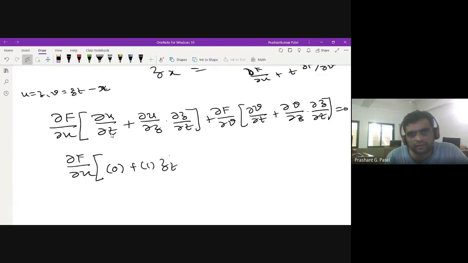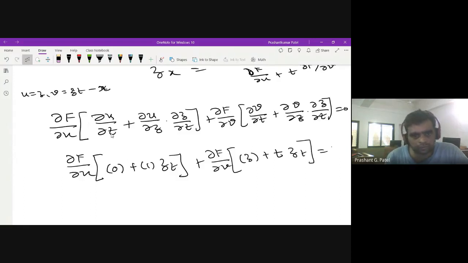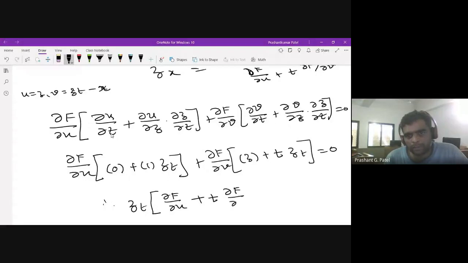This is zt plus del f upon del v. V with respect to t will give me z plus v with respect to z will give me t. This is zt equal to 0. You solve this for zt. So zt into del f upon del u plus t into del f upon del v.